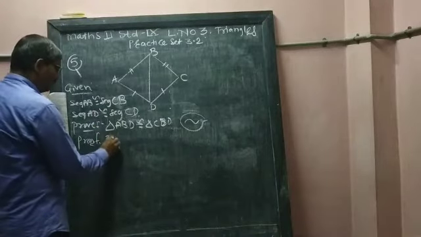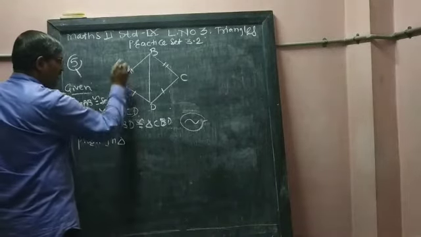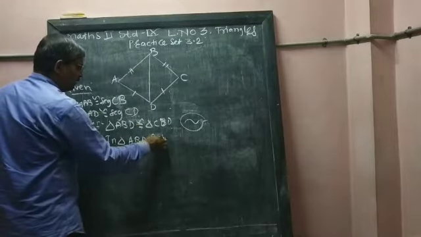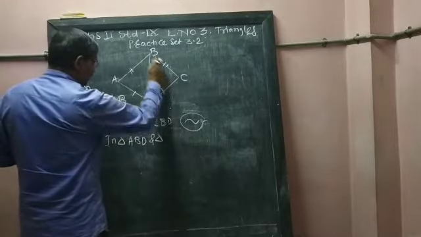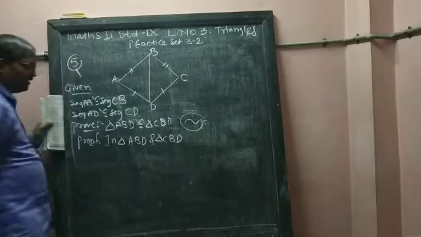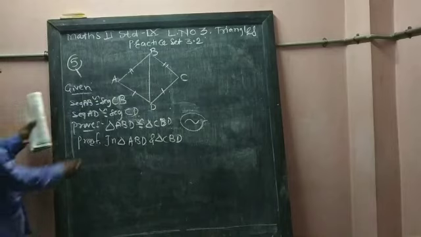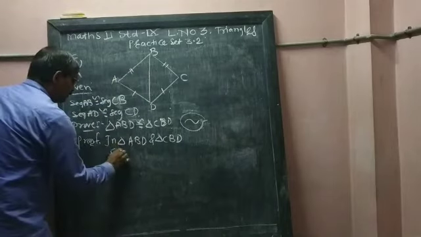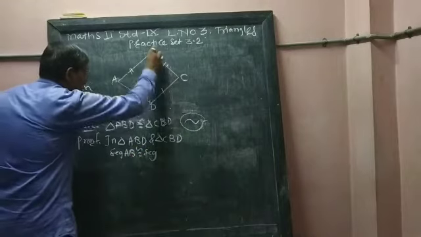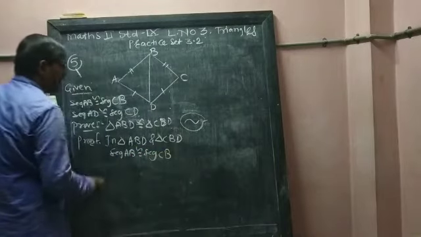So I will write here: in triangle ABD and triangle CBD, we should not change the sequence. Then seg AB congruent seg CB, given.